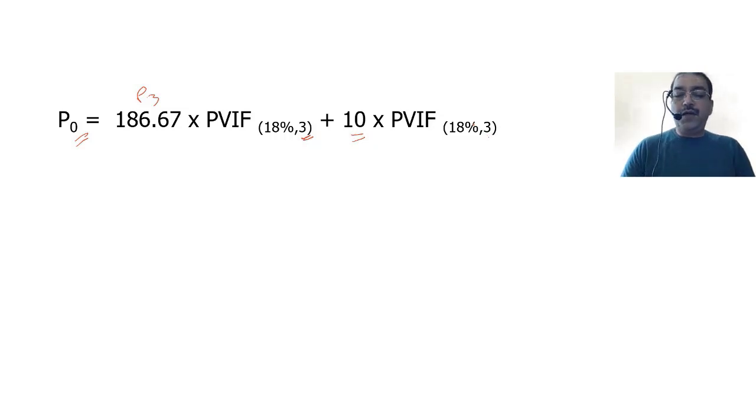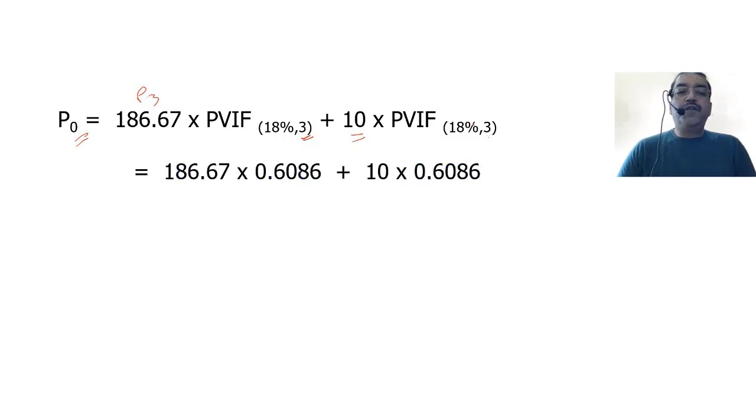So in that case, what do I get? I'll get 186.67. How do I calculate this? 1 divided by 1.18, equal to function 3 times. So I'll get 0.6086, multiply.